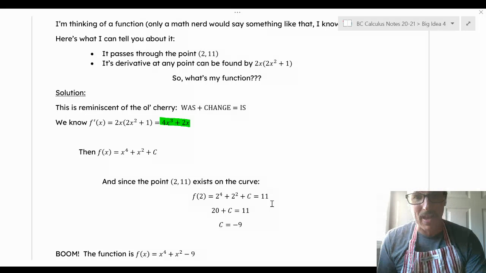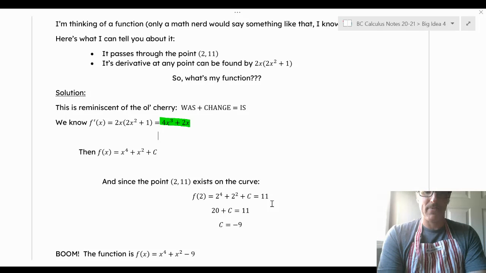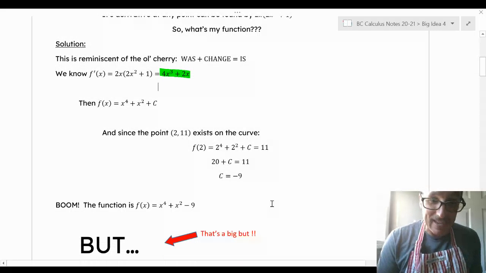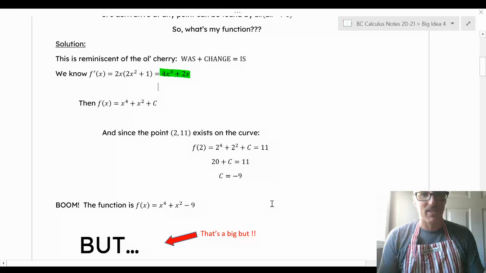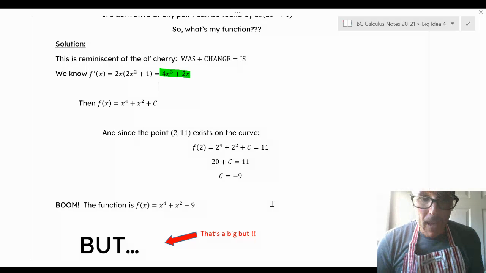That's all got to equal 11. And when you flip, flap, floop, add things together, you see that C has to be -9. Gotcha! My function is f of x is x to the fourth plus x squared minus 9. That's the function that passes through (2, 11) and has the right derivative.